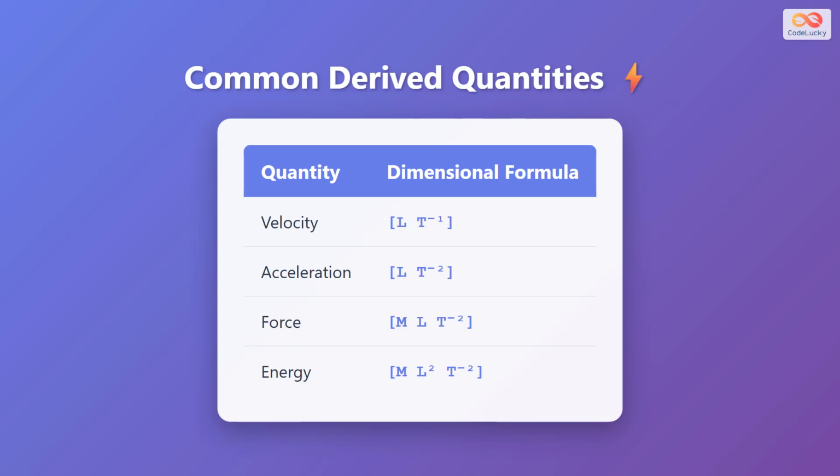Force has the dimensional formula [MLT^-2], which combines mass, length, and time. Energy is expressed as [ML^2T^-2]. Notice how all these derived quantities are built from our three fundamental dimensions of mass, length, and time. Understanding these dimensional formulas is crucial for checking equation validity.